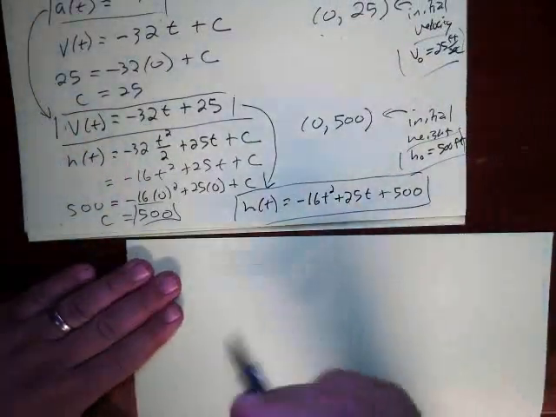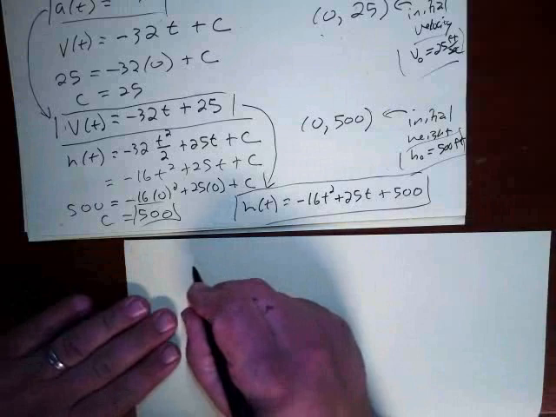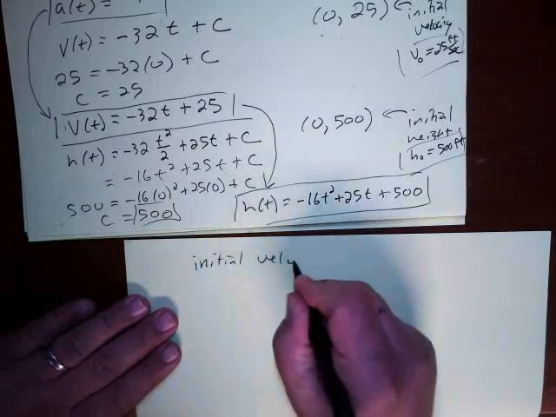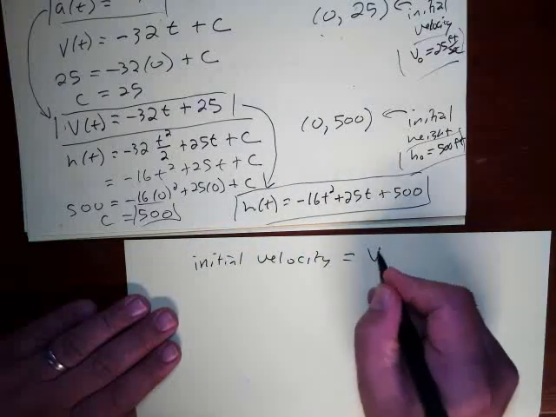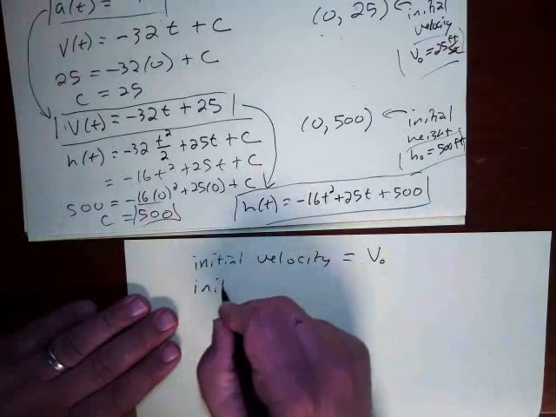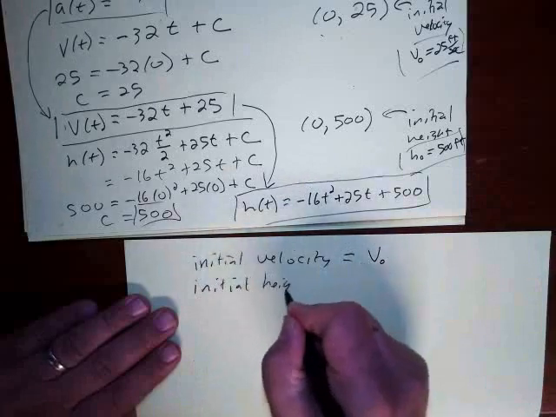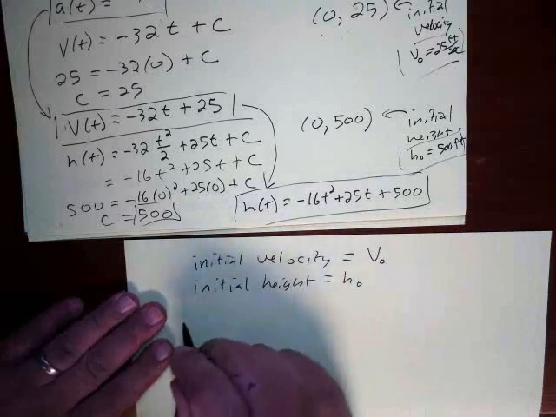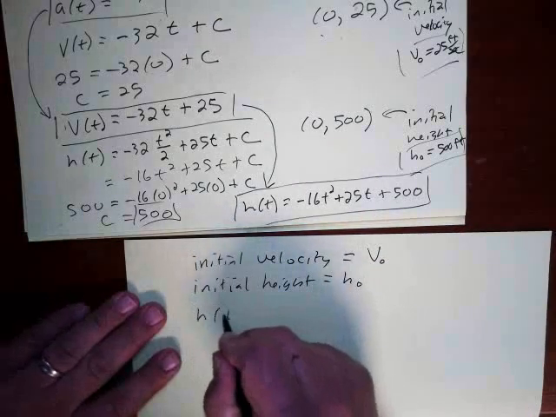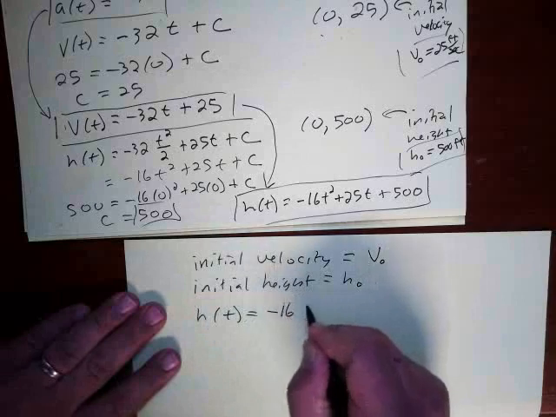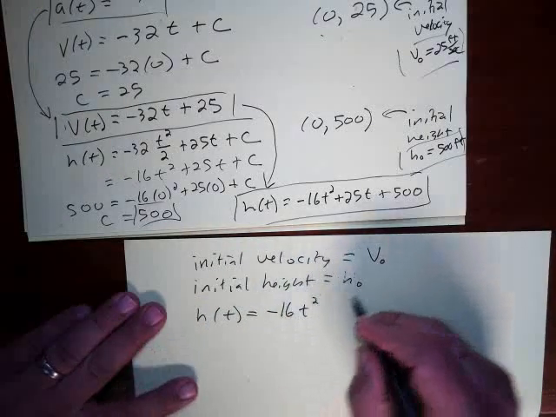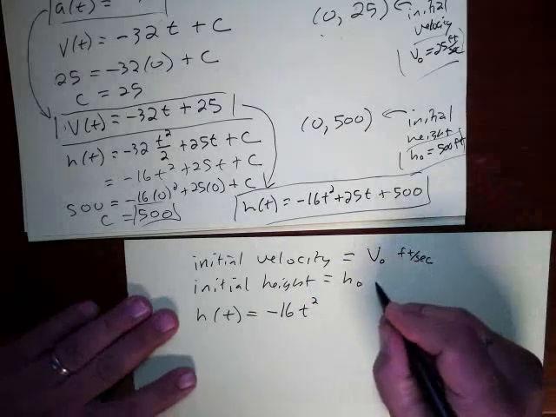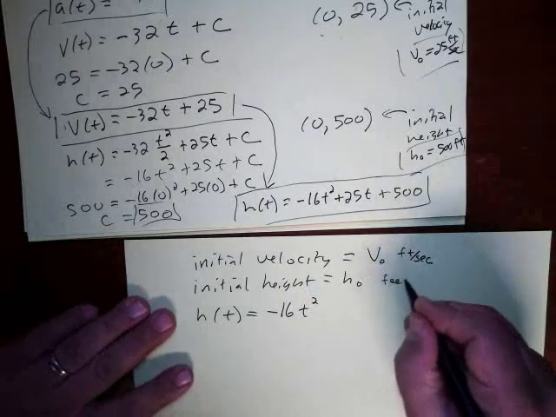Okay, so what I was going to say is if you're given an initial velocity of v naught and an initial height of h naught, then the height function, we've learned this, is negative 16t squared, where this is in feet per second and this is in feet.